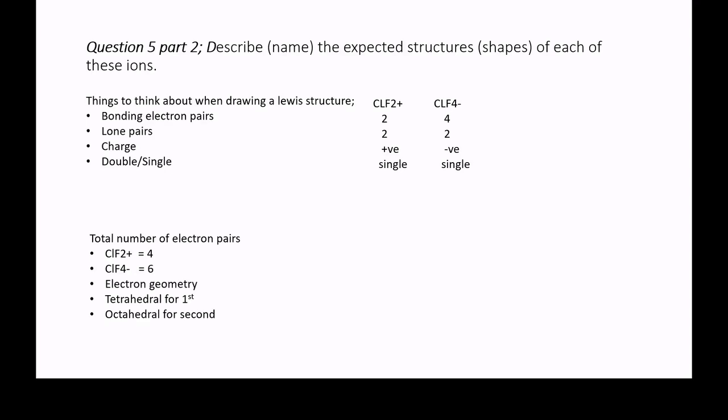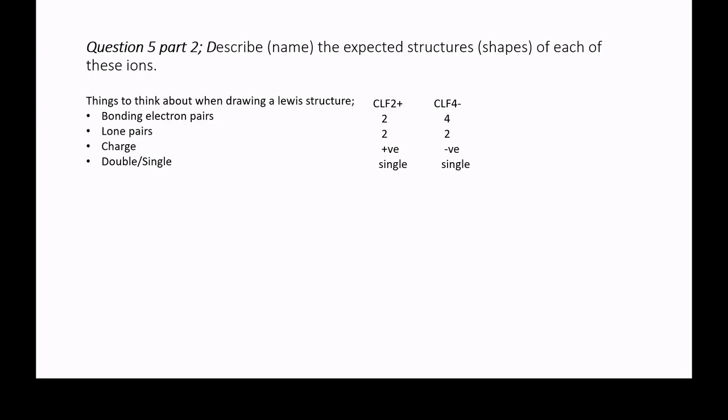The second one has 4 bonding pairs and 2 lone pairs, so 6 areas of electron density, or 6 lone or bonded electron pairs. This means the ClF2+ will have an electron geometry of tetrahedral, whereas ClF4- will have an octahedral electron geometry, as there are 4 electron pairs in the first and 6 in the second.